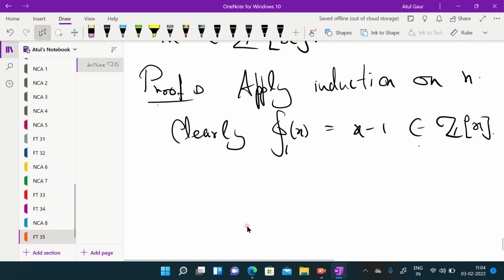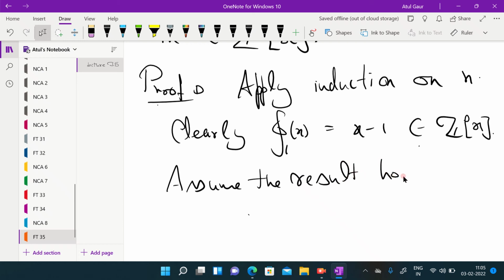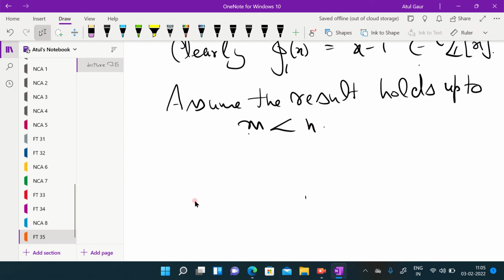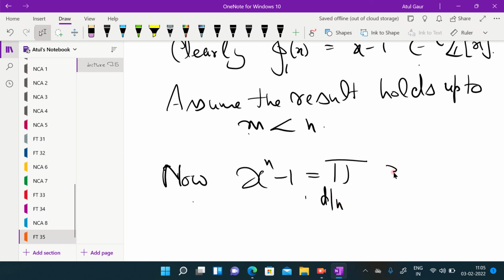So assume the result holds up to m, where m is strictly less than n. All right. Now for n, you know, xn minus 1 you can write, by that formula, as the product over d dividing n of phi dx.